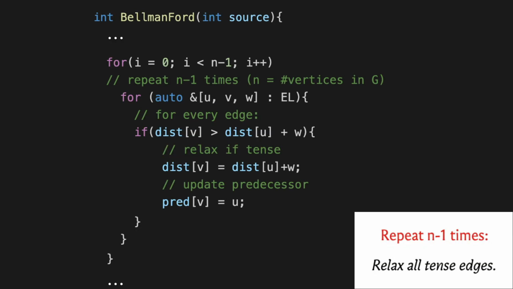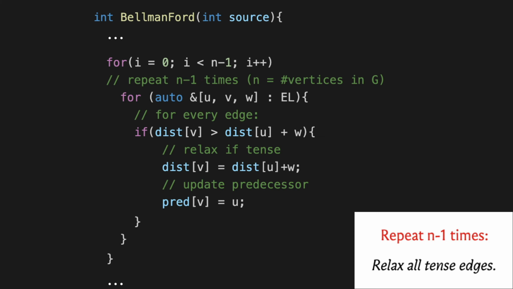Remember that in this algorithm, all we do is relax every edge, and we repeat this n-1 times. So the n-1 repetitions are being taken care of by the outermost for loop, and the inner for loop is essentially a loop that goes over every edge by simply traversing the edge list. And the logic that you see inside this nested for loop is the logic for checking if the edge that is currently under consideration is tense or not.